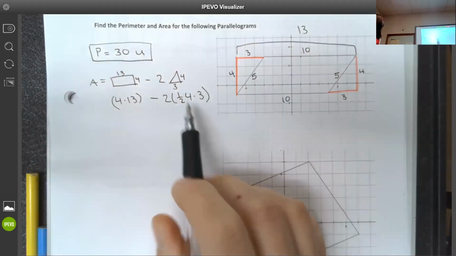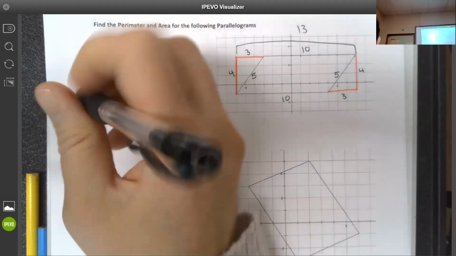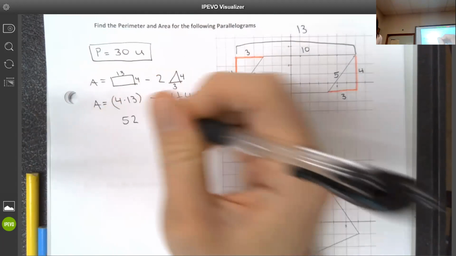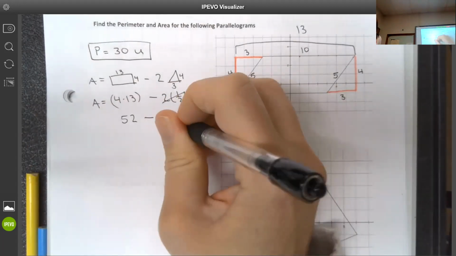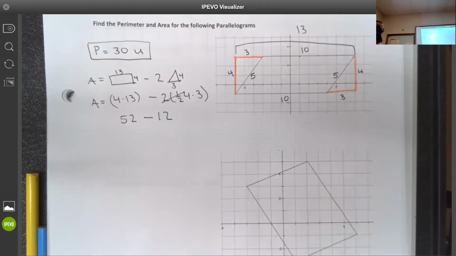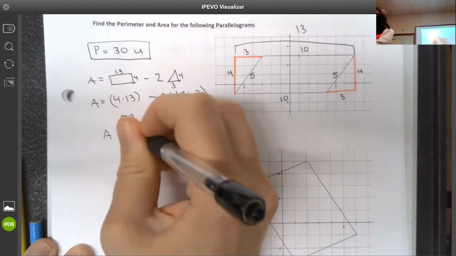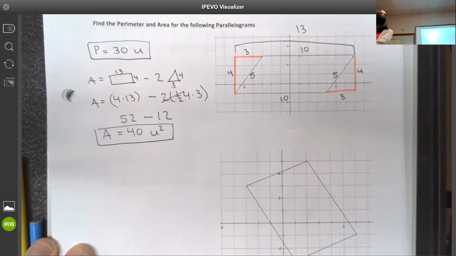So the biggest thing is just remembering to switch formulas for triangles and rectangles. 4 times 13 gives me 52. 2 times 1/2 is just 1. So I'm subtracting 12 from that, giving me 40 units squared for my overall area.